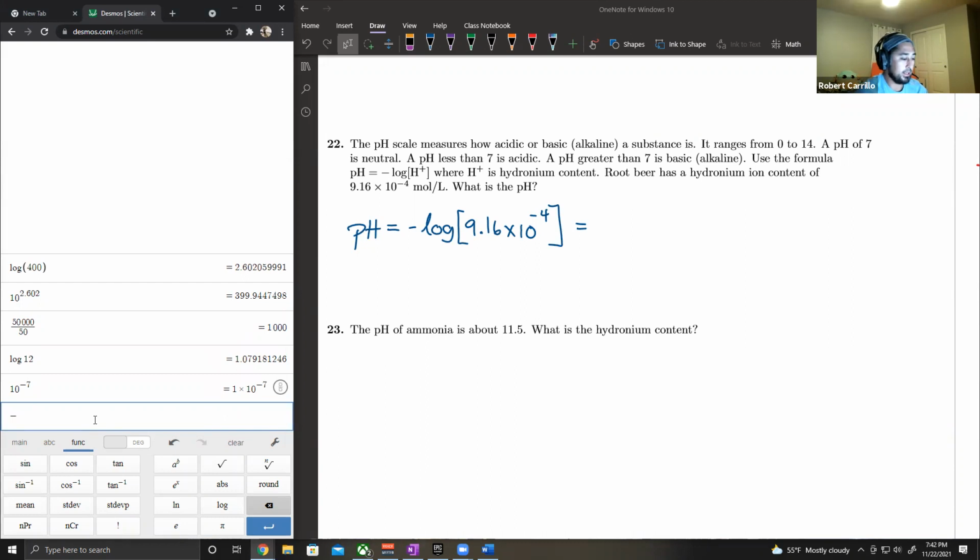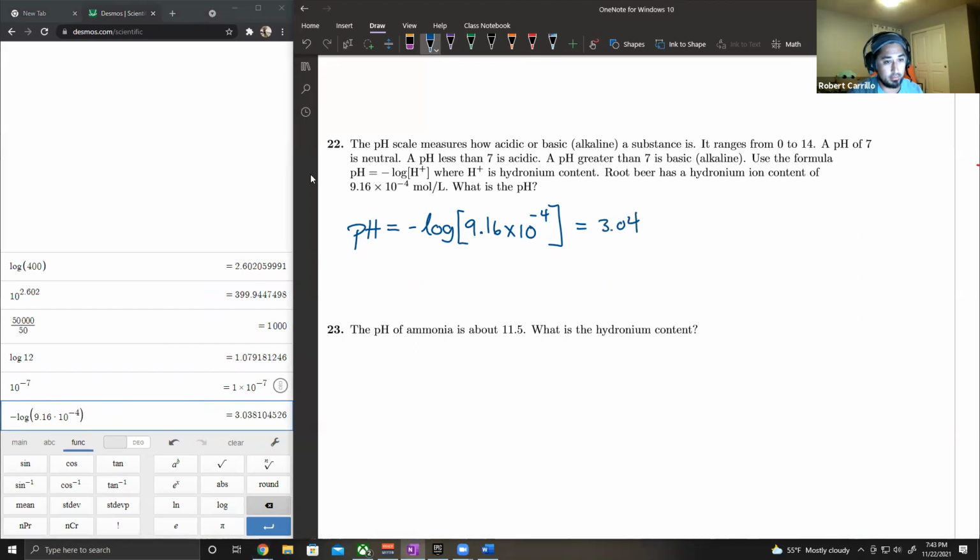So we're going to say negative log, parentheses, 9.16 times 10 to the negative 4. Let me make sure I typed that in right. Yep. So we get 3.04. So is root beer basic or acidic?